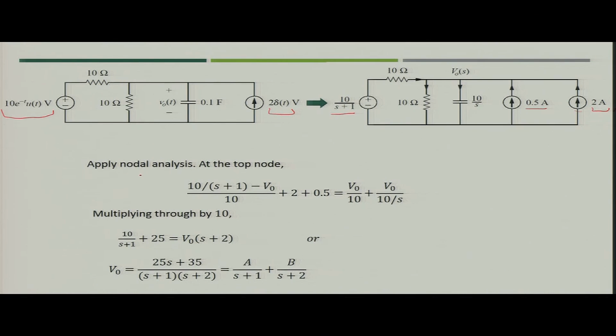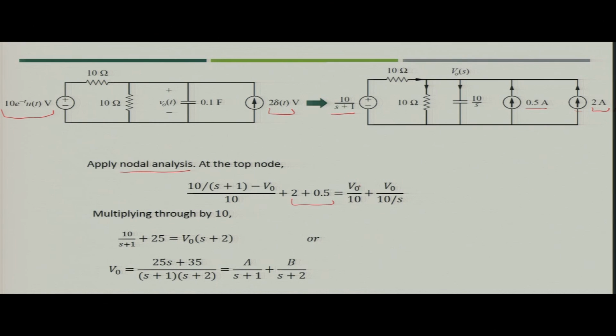Now, what you have to do? You have to apply Kirchhoff's current law at the top node. You will see 1, 2 and 3 are the currents going into the node, and 2 are coming out of the node. So, compiling incoming and outgoing currents, you can say that 10 upon S plus 1 minus the node voltage V naught divided by 10 will be the value of this current, plus 2 and 0.5 are the current sources, which will be equal to the outgoing currents.